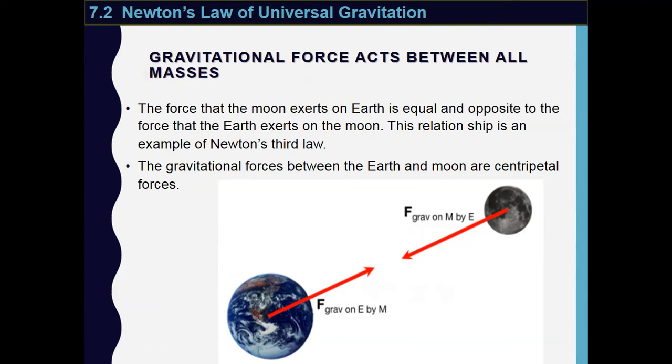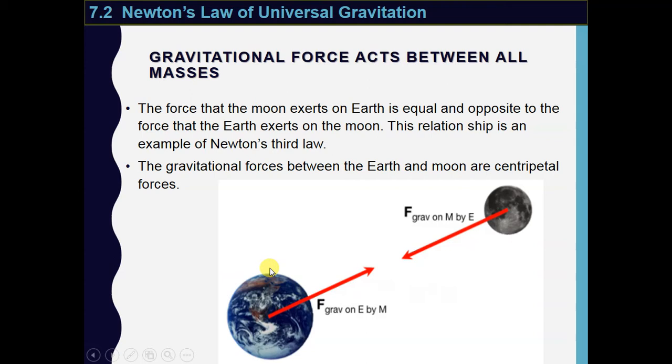This force, which is the centripetal force, keeps the moon on its orbit. So we talked about the importance of this gravitational force exerted on the moon by the earth. Today we will talk about the importance of the force exerted by the moon on the earth.